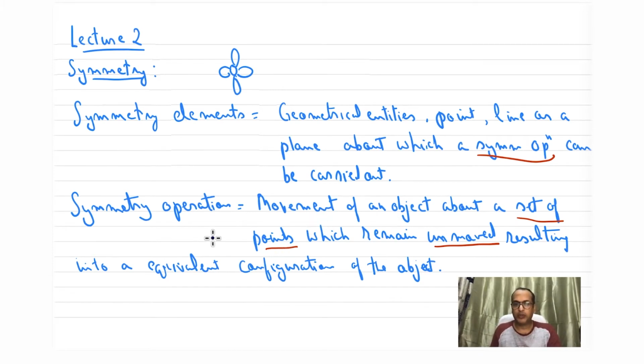Okay, so basically symmetry operation is movement of an object about a symmetry element resulting in an equivalent configuration of the object. So again, when you're defining symmetry operation, symmetry element is coming in the definition. Both of the terms are related and you cannot define one without the other. So we will always be talking about symmetry elements and symmetry operations together.